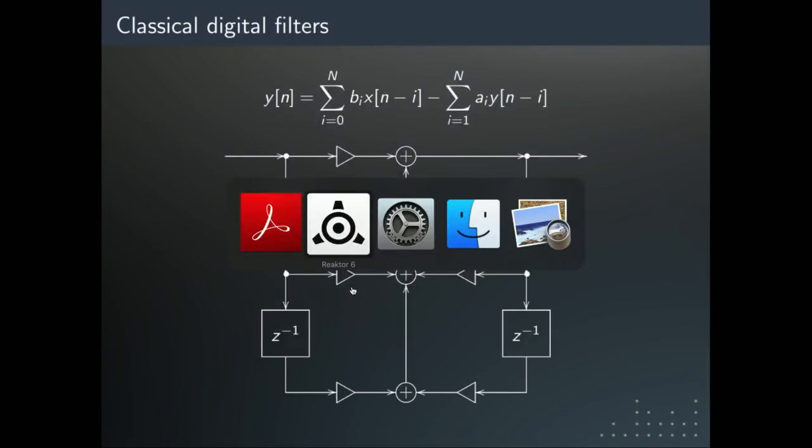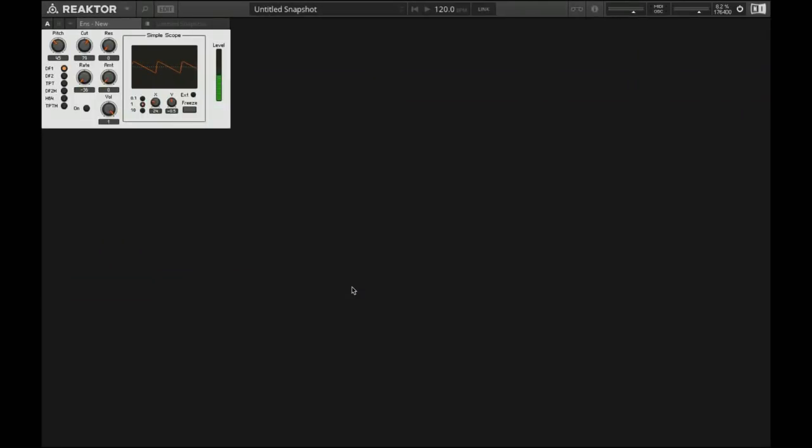So this slide demonstrates for me the essence of classical DSP filters. This is the difference equation and the structure implementing it, the famous direct form. And I have here a Reactor setup illustrating the problems with this kind of filter. So I have here a direct form 1 resonating low-pass filter.